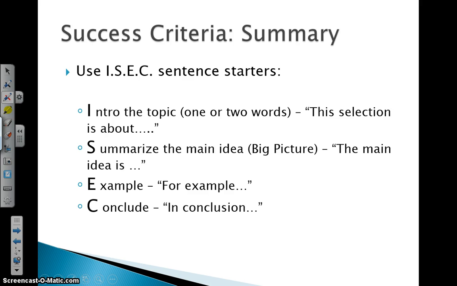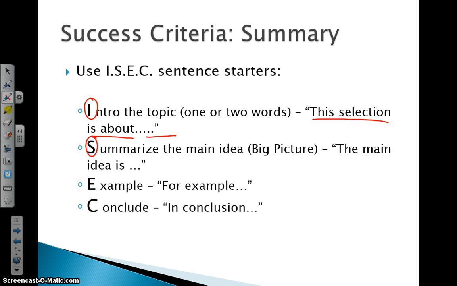The success criteria for summaries is pretty easy if you use the ISAC sentence starters. So first of all, your first sentence, the I, intro the topic in 1 or 2 words. You simply write the words this selection is about, and in 1 or 2 words you fill in the blank. S is for summarize the main idea.